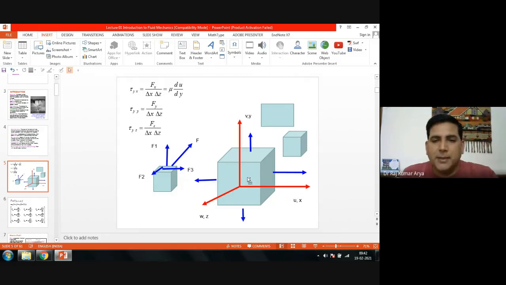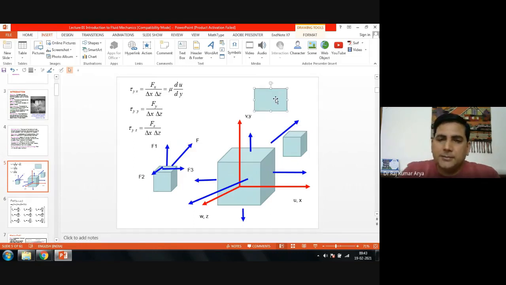So this front one is your plus z plane, and your backside one, which you can define maybe somewhere here, is your minus z plane, correct?